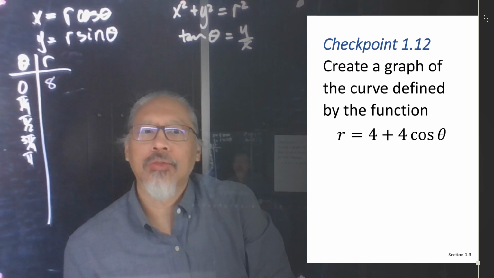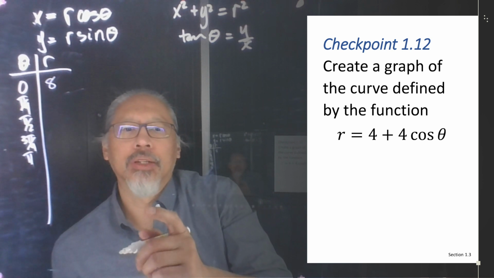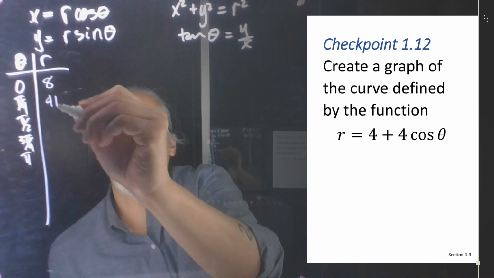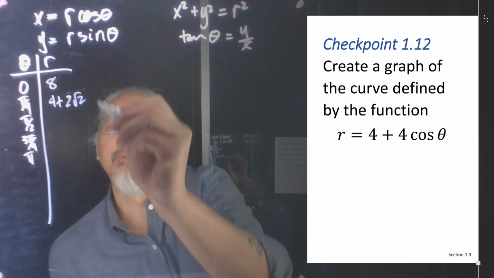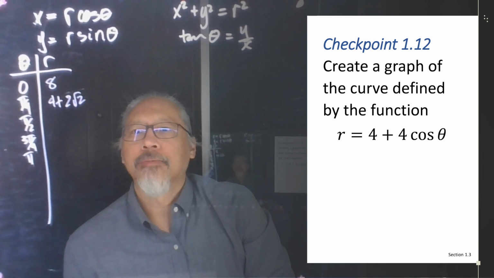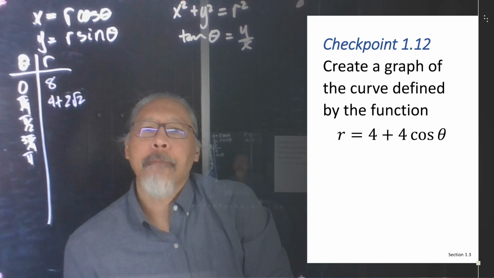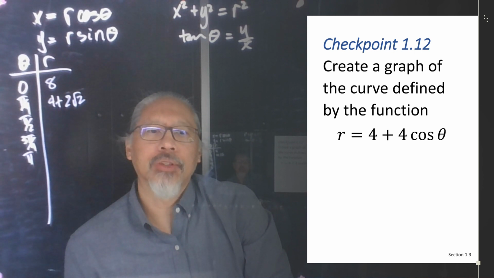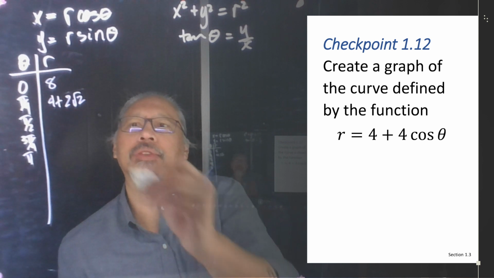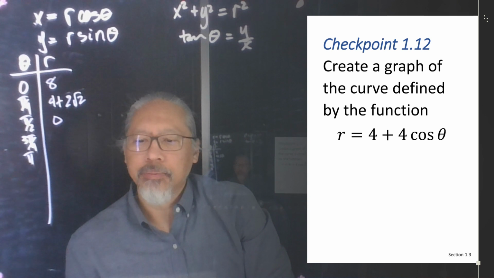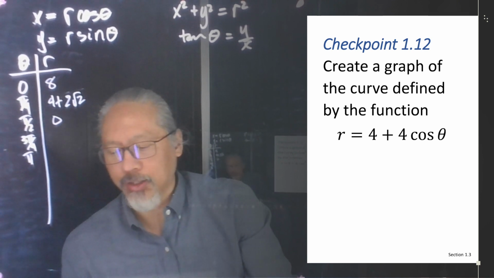Cosine of pi over 4 is root 2 over 2, so 4 minus 4 times root 2 over 2, that's 4 minus 2 root 2, which is between 0 and 4, I'd say. Pi over 2, cosine of pi over 2 is 0, I believe, so that's 4 minus 0, which is 4.